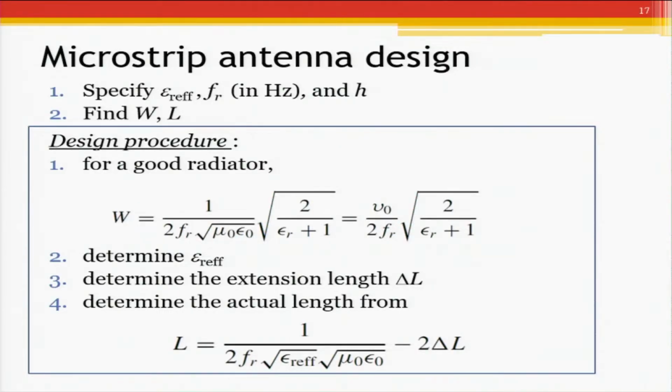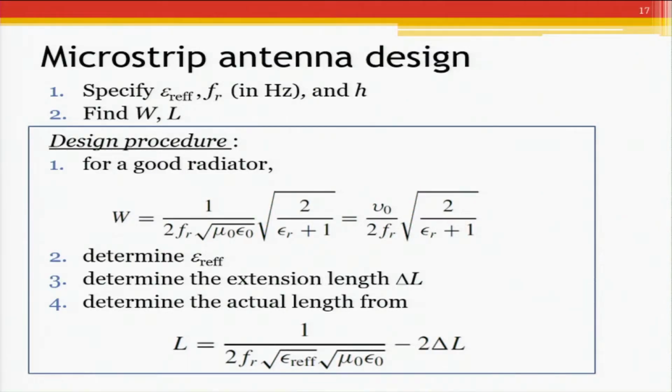And then we need to find the width and the length of the patch. So this is the design procedure. We assume that our microstrip antenna is a good radiator. With that assumption, we find the width of the antenna using this equation. Then we determine the effective dielectric constant, then delta L, and finally the actual length.